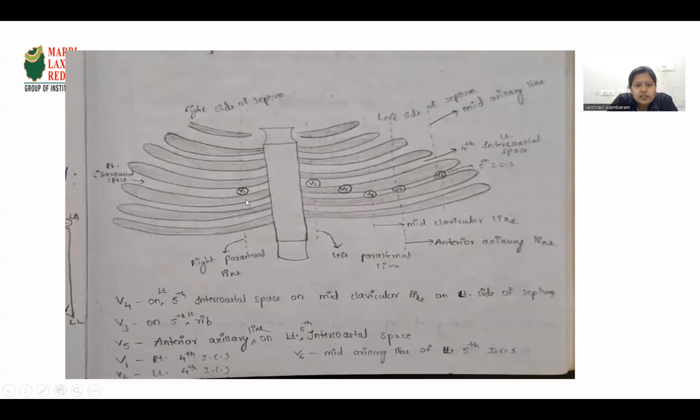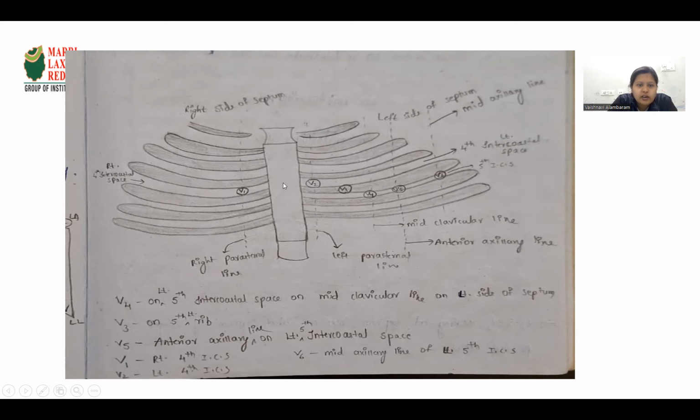Coming to the chest leads. So these are all positive, unipolar. Unlike your limb leads, it is not having two electrodes. These are all single positive charged electrodes that are placed on the chest. So see the placement of these precordial chest leads.